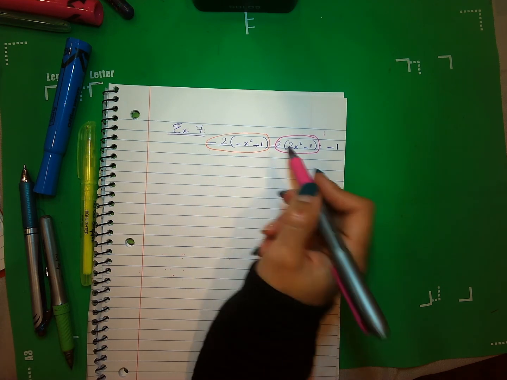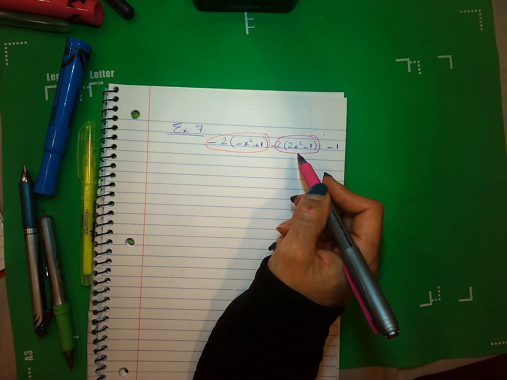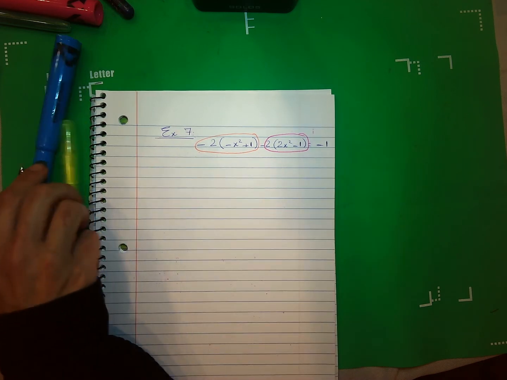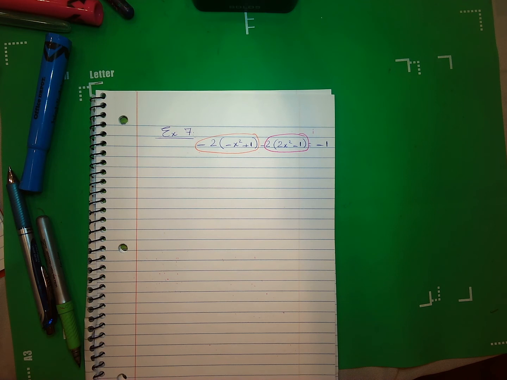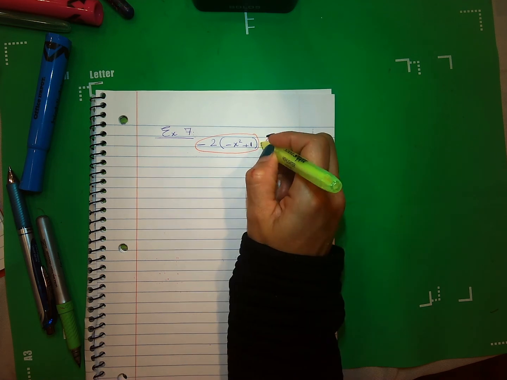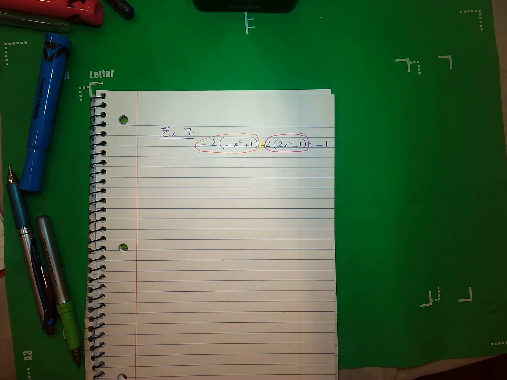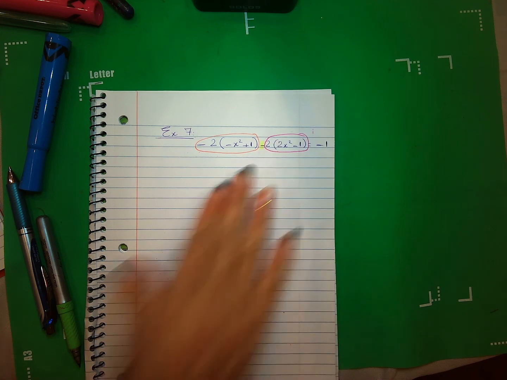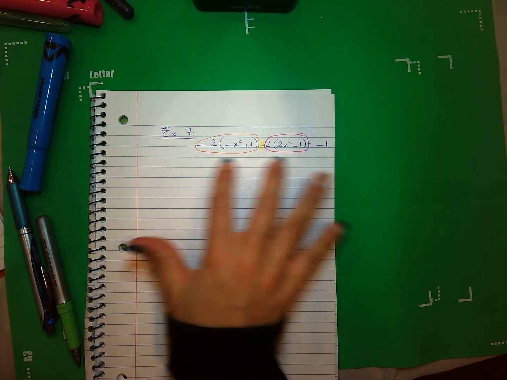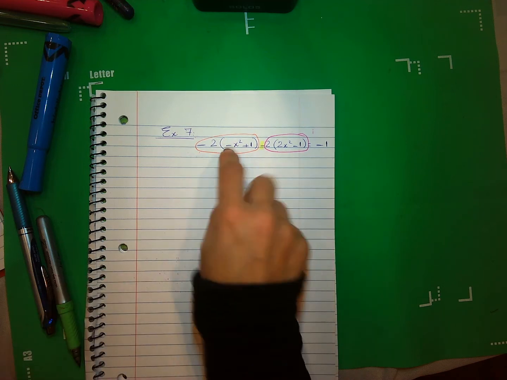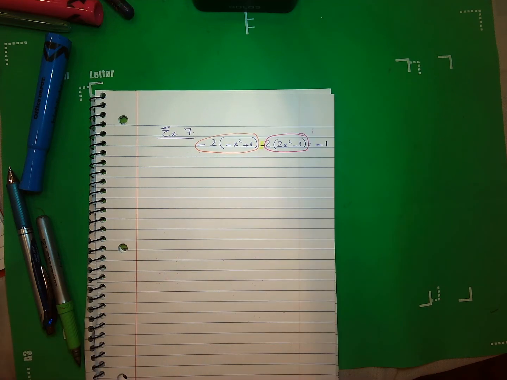Should I also take it to that other parentheses? Hopefully you answered no. And why is that? Because I have a mathematical operation in between them, which is minus. That separates these two terms, because this is a term and this is another term.